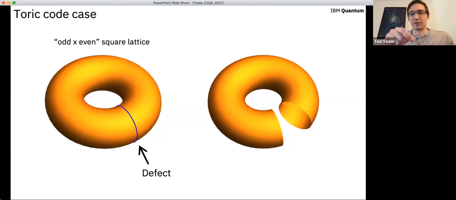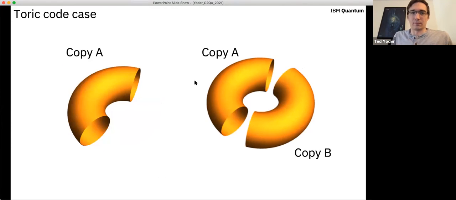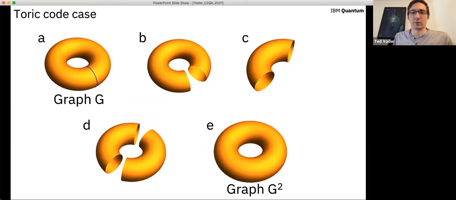There's a single defect line, like a rubber band around the torus, and you can cut it apart there. Now take two copies that you both cut apart and glue them together at the cut seams. And this is how you'll form the doubled graph G squared.